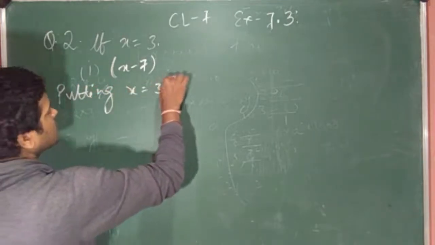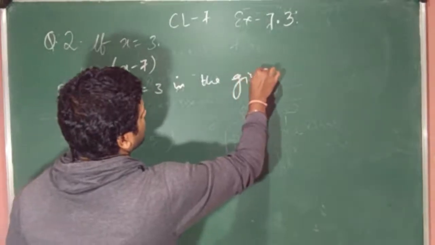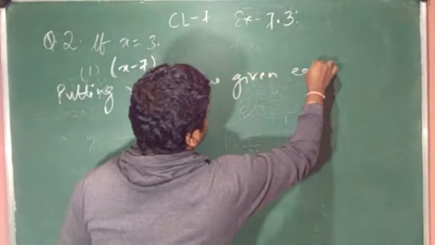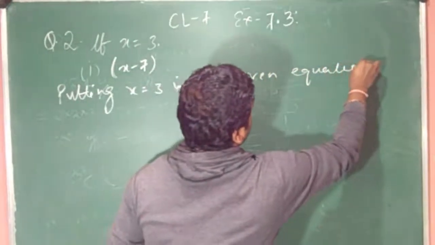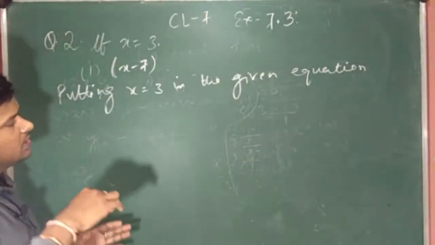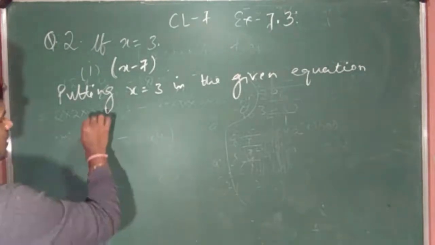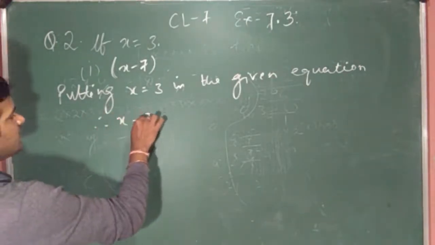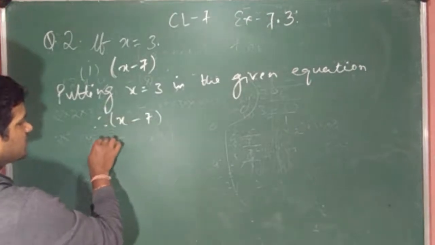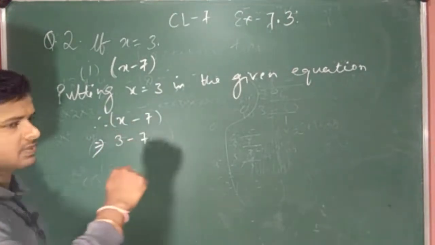So we write: putting x is equal to 3 in the given equation. Our equation is x minus 7. In place of x we are going to write 3, and minus 7 stays minus 7.